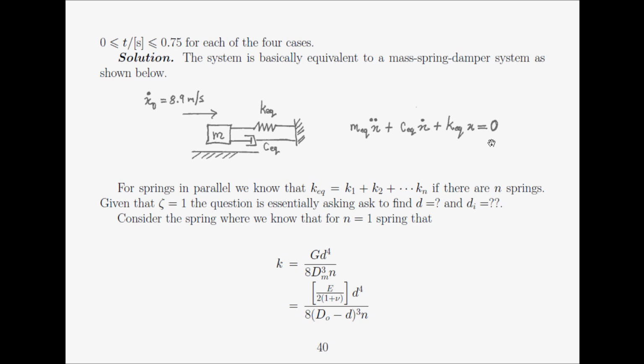So if a system has springs in parallel, the effective spring constant is just the sum of all the individual springs, and when the springs are in series, the reciprocal of the effective spring constant is equal to the sum of the reciprocals of each of the individual springs. There are ways to analyze and derive that equation. I would suggest you go through your textbook, the Rao textbook in particular, and you can also find some of that material in the Hannah and Stephens Advanced textbook as well.